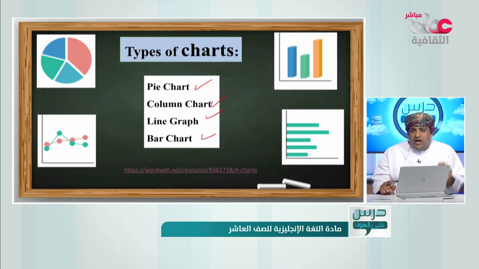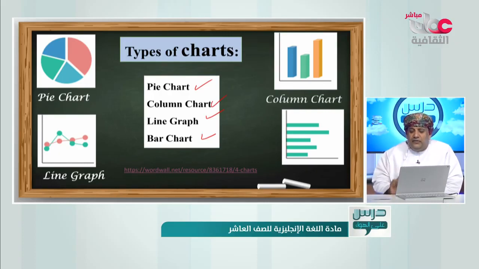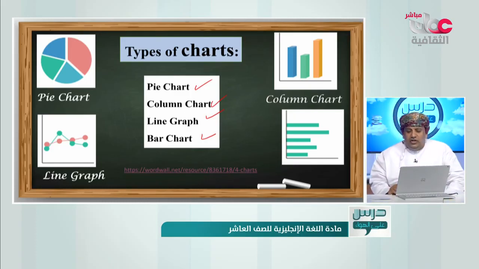Picture number 1, what is it? Yes, it's a pie chart, very good. Picture number 2, yes, it's a line graph, very good. Picture number 3, column chart, because it looks like columns. And the last one is bar chart.